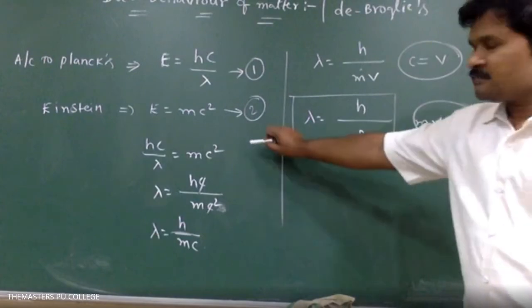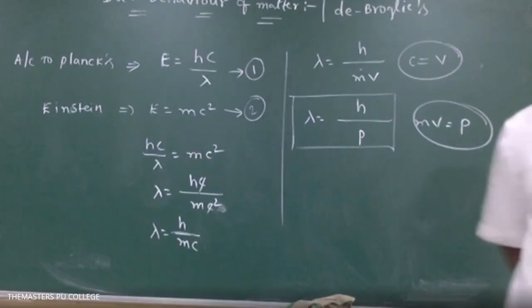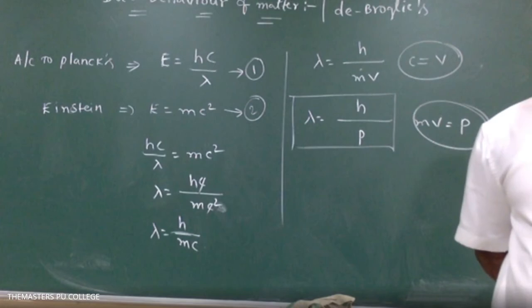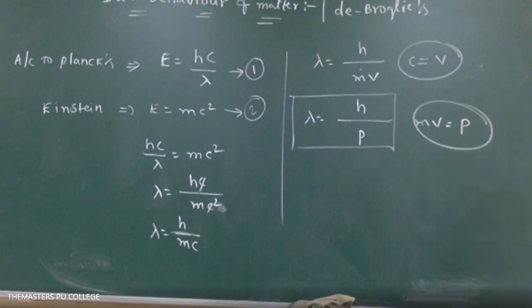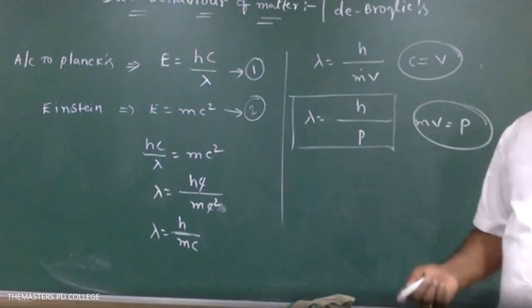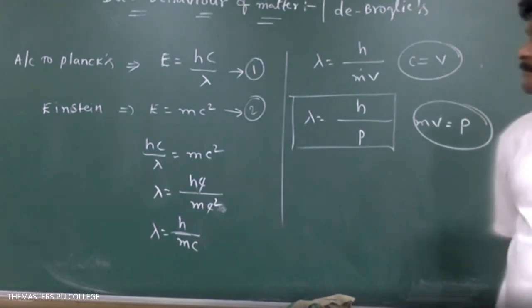From 1 and 2, these are the relations. Please write the terms. Lambda is the wavelength of the particle.